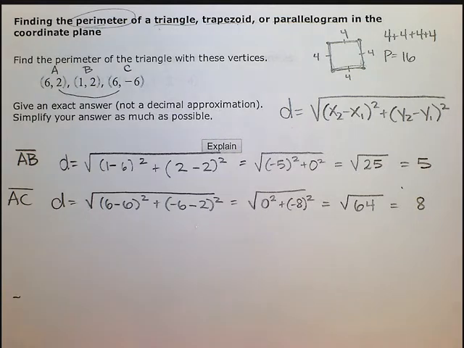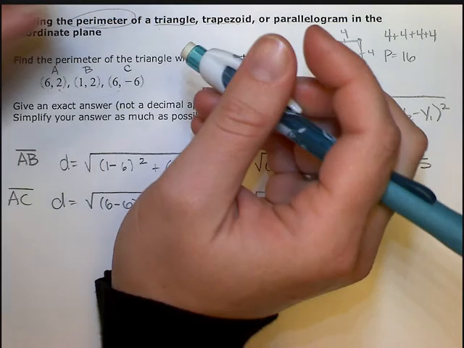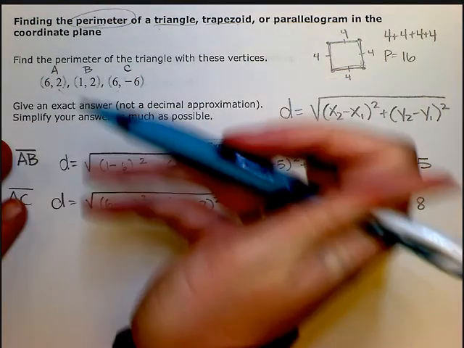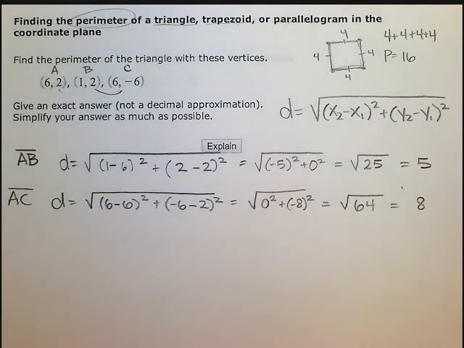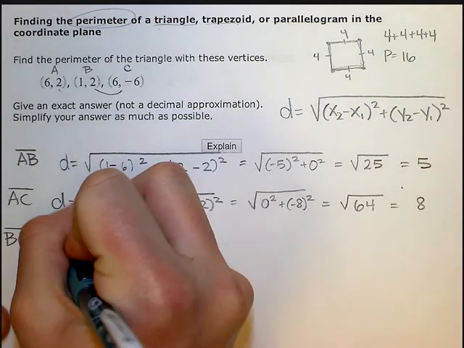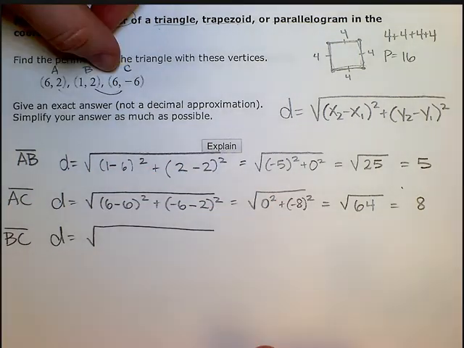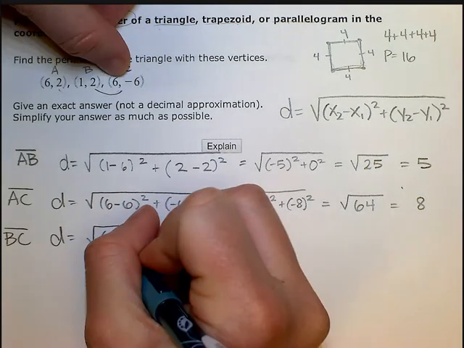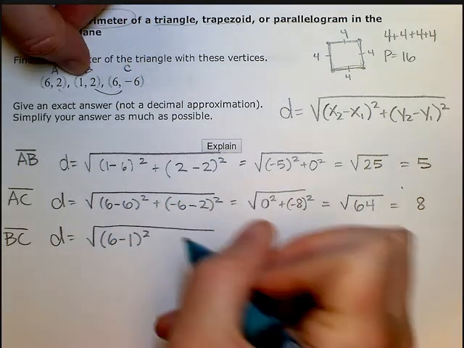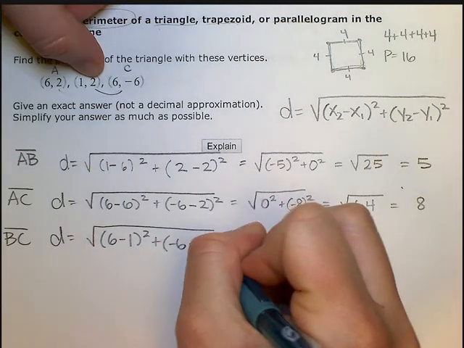Okay? So now, last but not least, I just have to find the distance between points B and C. So I'm going to set it up the exact same way. x2 is 6 minus x1, which is 1, squared, plus y2, which is negative 6, minus y1, which is 2, squared.